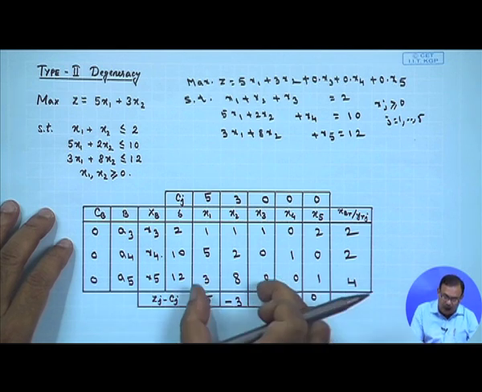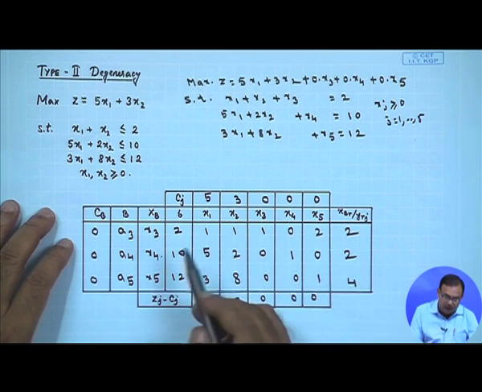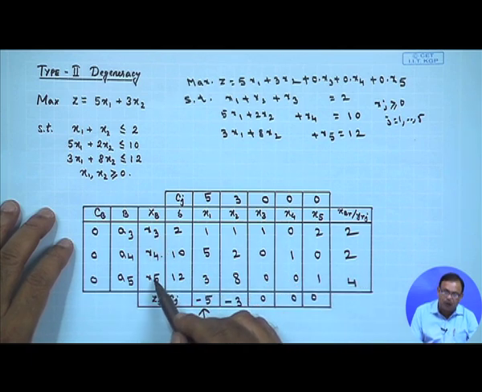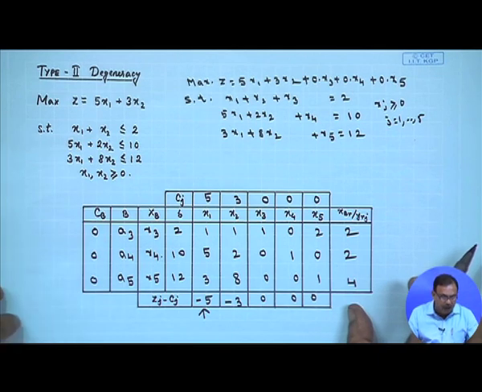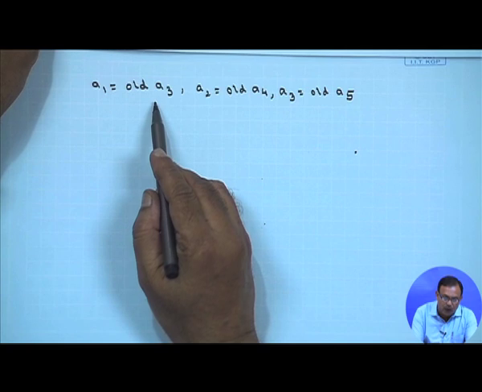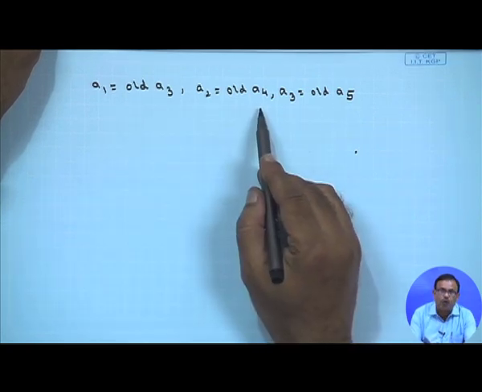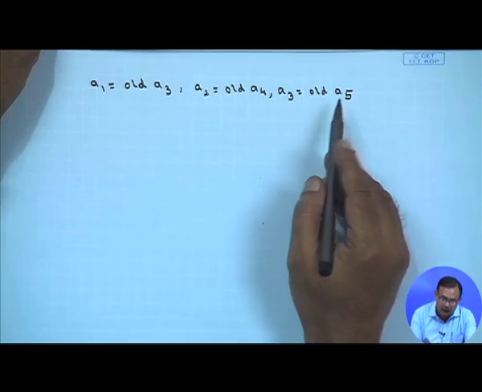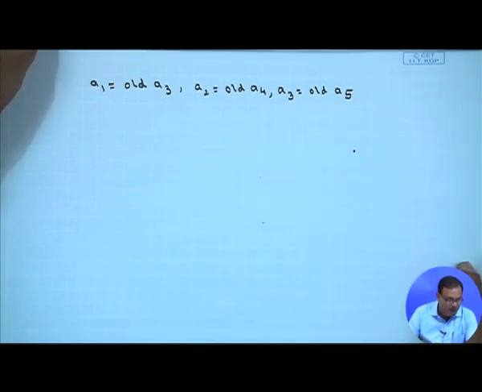Means the first three columns will now represent the three basic variables x3, x4 and x5, and that is the reason we are writing A1 equals old A3, A2 equals old A4 and A3 equals old A5.